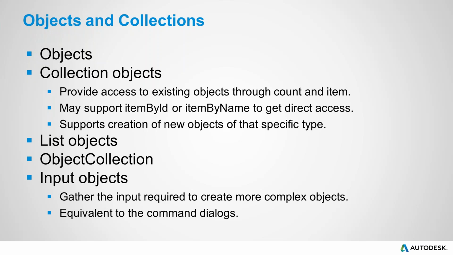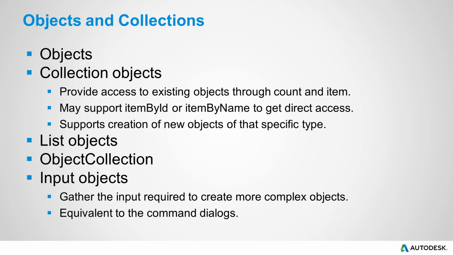And then I mentioned this a little bit the other day. There's also a type of object called an input object, and that's used when you're creating more complex objects. All the features use this, and there are several others too. The best way to think of this is input objects are the equivalent of a dialog.